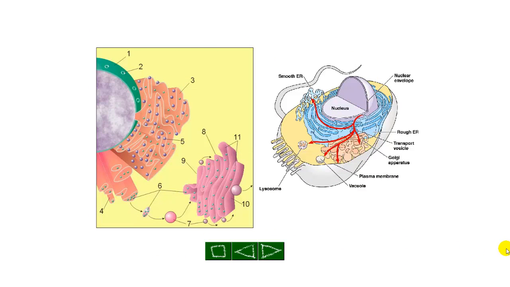I am going to leave you with a few diagrams just because one of those objectives I mentioned is being able to see how these organelles are interrelated, right, in terms of function.